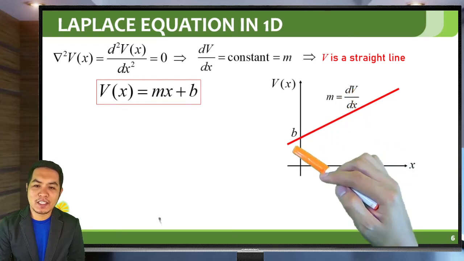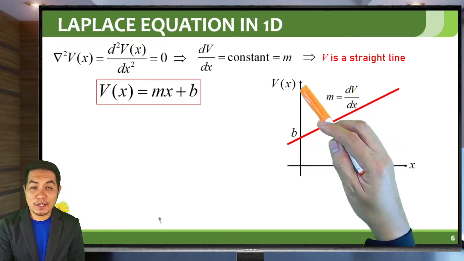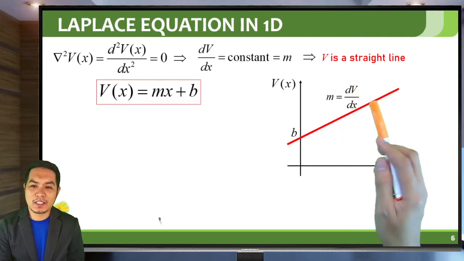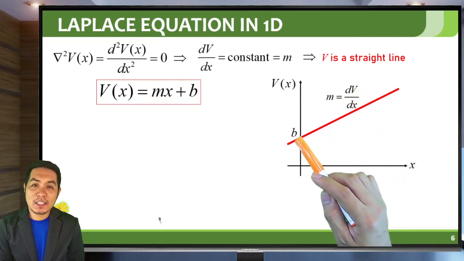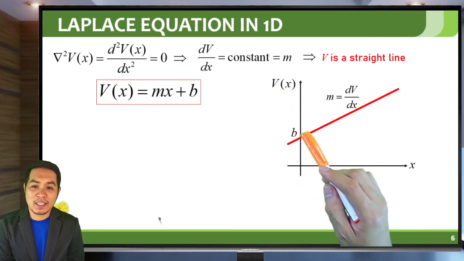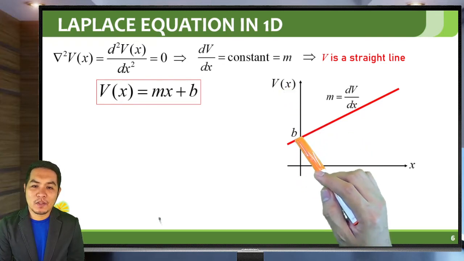Its rise is potential V, its run is x. And b here is usually what we call the y-intercept, but in this case it's the V-intercept. It's the value of V at x equal to 0. You can call this V of 0, or V naught, or the initial potential.